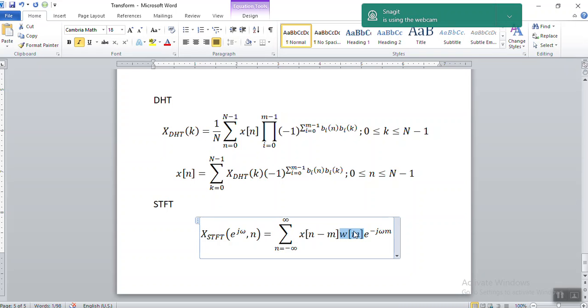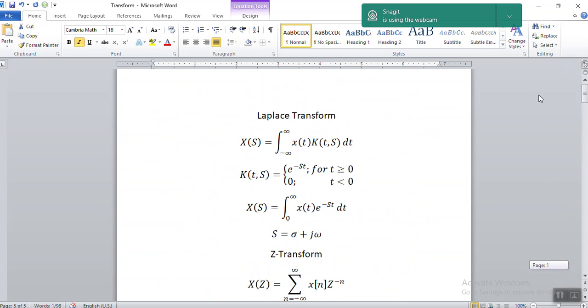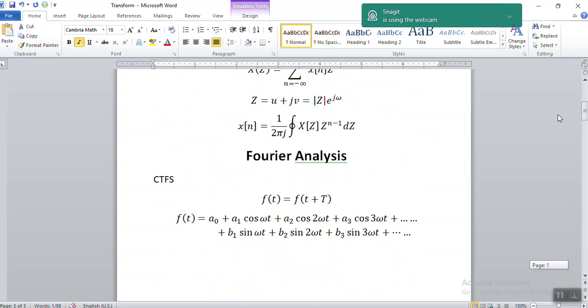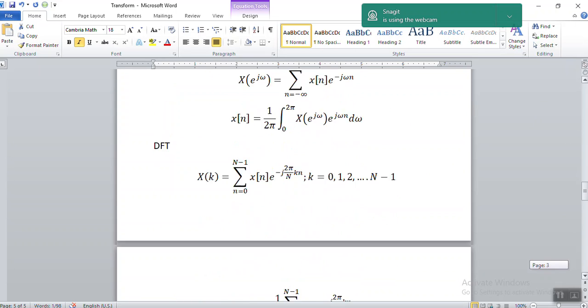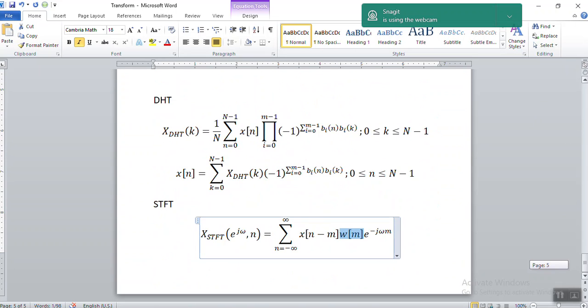So, in my next lecture, in another video lecture, I will explain in detail about the wavelet transforms. So, here I am trying to cover the basics, or the inside basics, of the entire transformation that is required for signal processing. Okay.